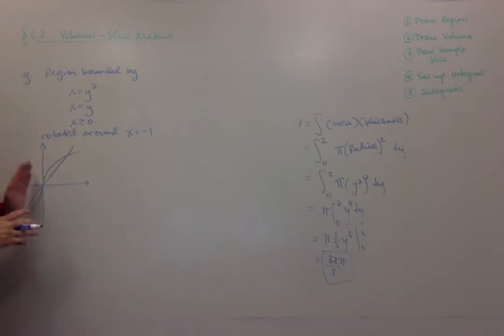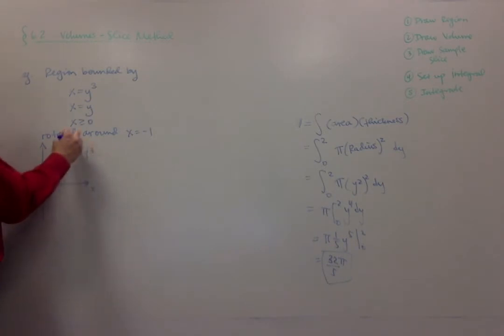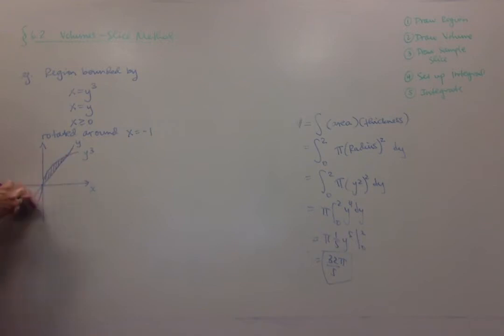And I want x bigger than or equal to 0. So I only want this region here. I don't want this other region. So I want x equals y cubed, x equals y, and then just this upper part. So don't consider this region down. Right? So that's the region we want.